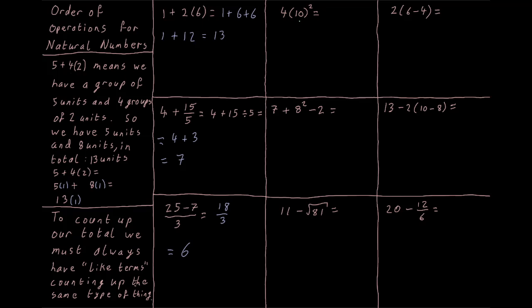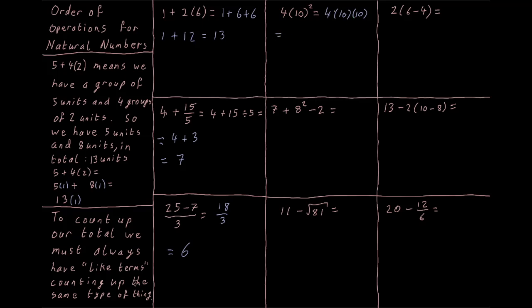Well, it doesn't, because the power of 2 means I'd have to multiply 10 by itself 2 times. So if I read that carefully, I know that that means the same thing as 4 times 10 times 10. The power here is on the bracket that has 10 in it. So we have 4 times 10 times 10 is what that sum means.